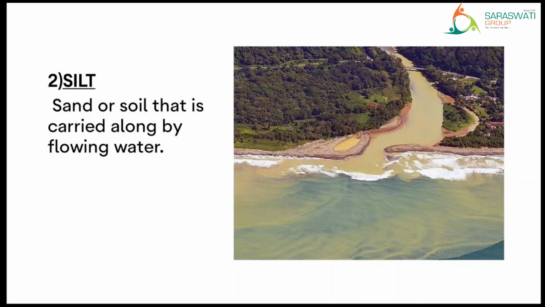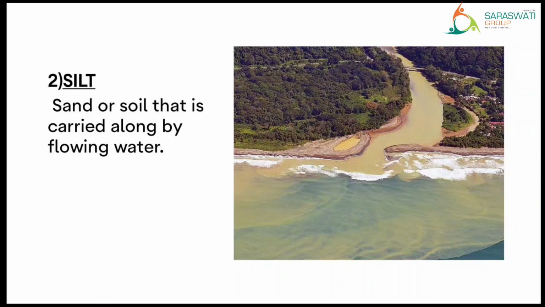This water, when it flows down, it brings small dust particles along with the water. And when the water drains, these dust particles get deposited on the river banks. And these small dust particles are called silt. So silt, that is sand or soil that is carried along by flowing water.